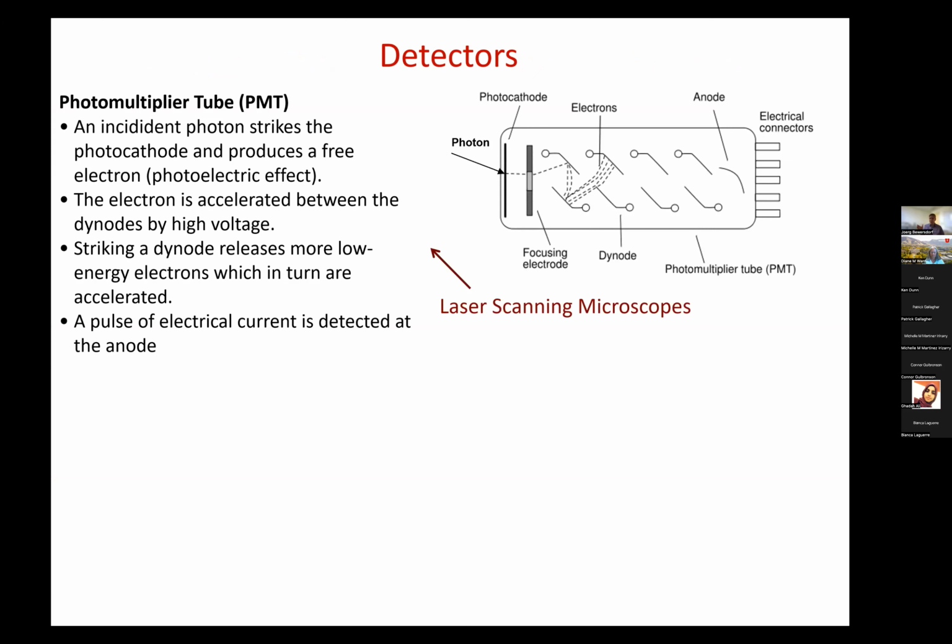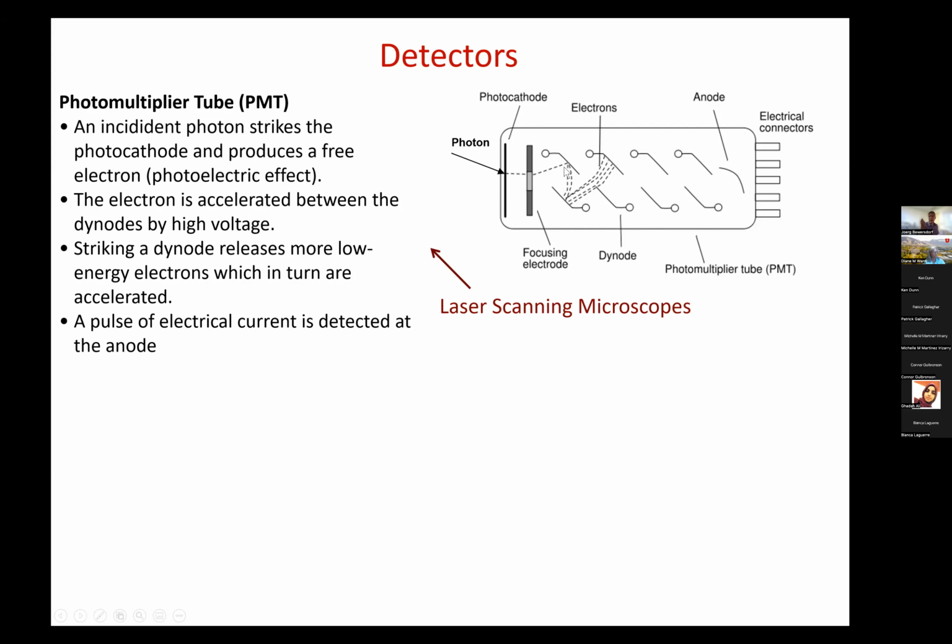The commonly used one in a single beam laser scanning microscope, and we'll come to what I mean by that in a few minutes, are photomultiplier tubes. These are in a way fairly old-fashioned devices which are still in operation, where you have a photocathode which will transfer photons into electrons. These electrons are then accelerated in a high voltage electrical field.